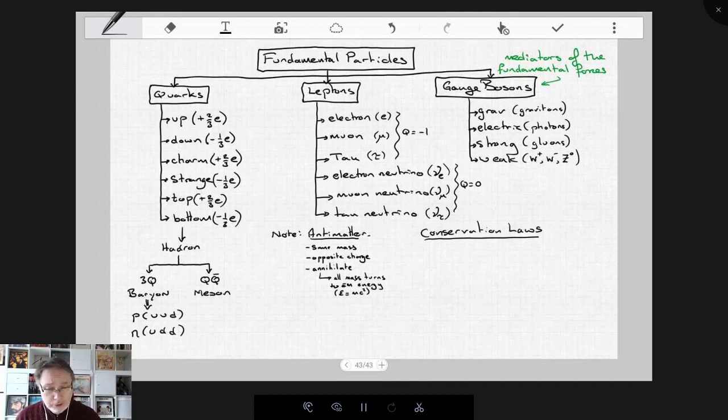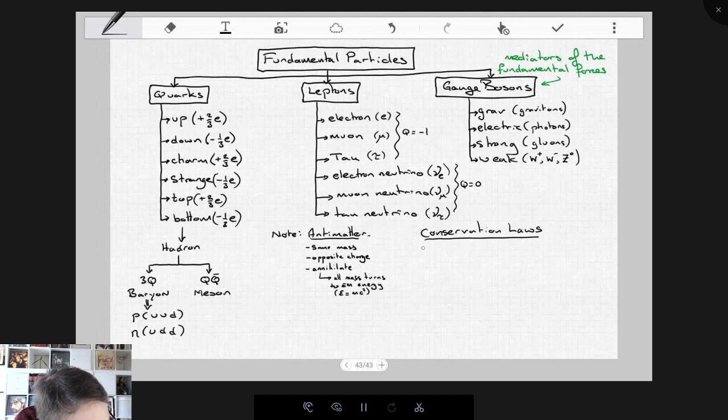There are various quantities that are conserved. For example, total energy, charge, linear momentum, angular momentum. But in particular with respect to particle physics and fundamental particles, there are 2 quantities that are also conserved.